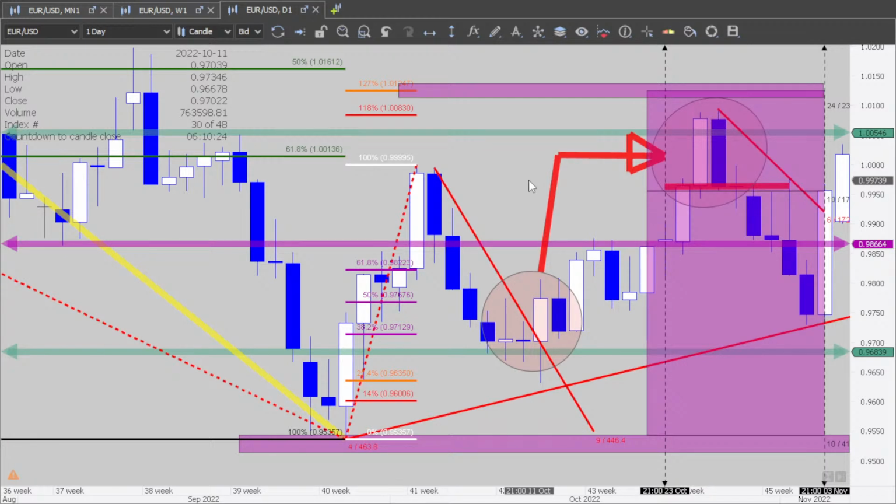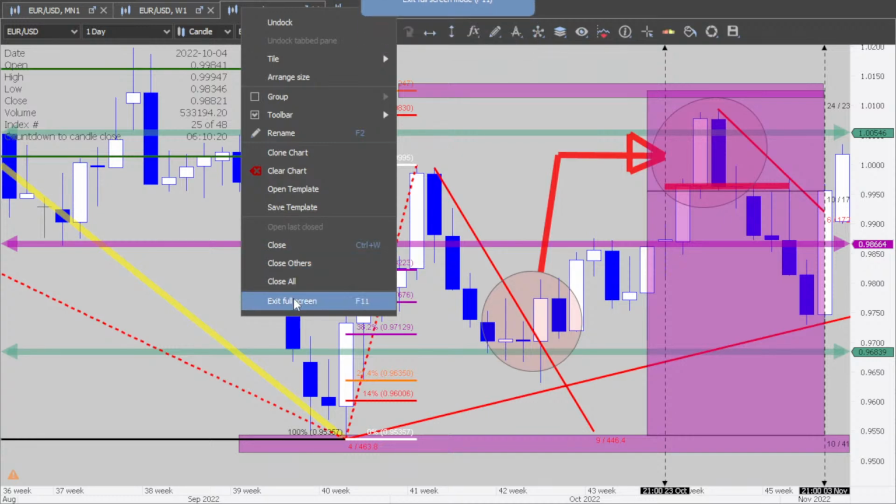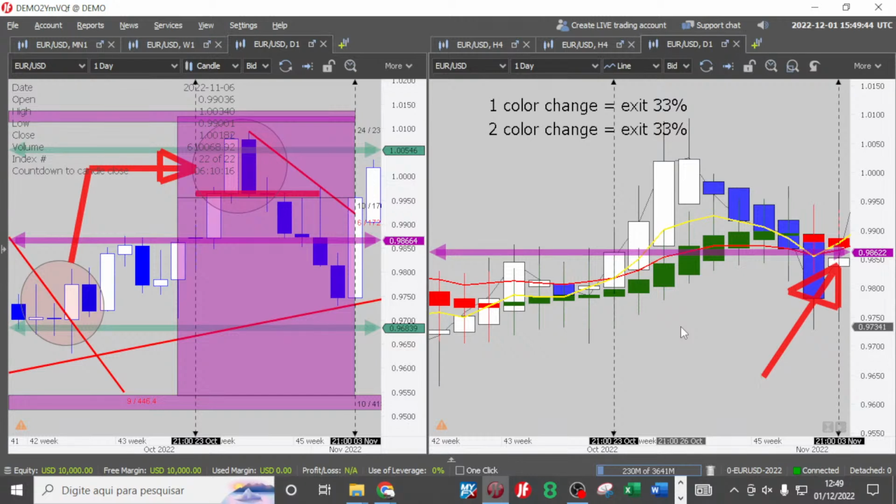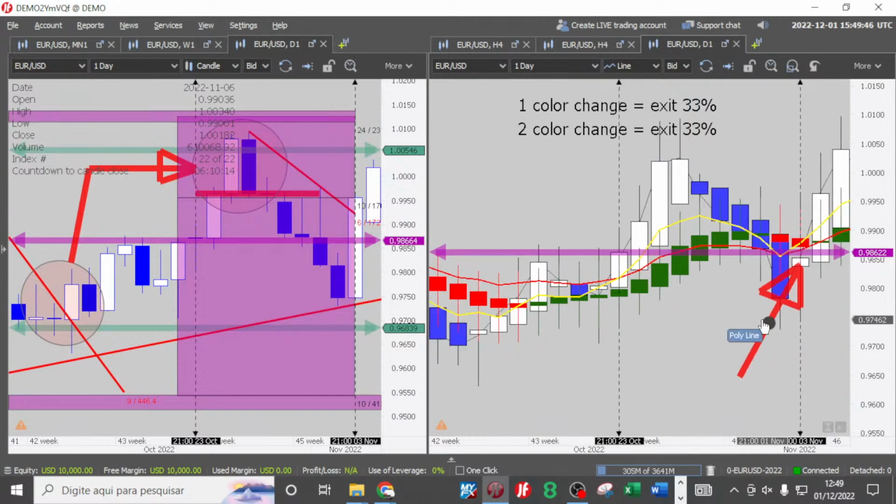Can he re-enter? No, he cannot. Make sense? He can't. He closed the trade 100%. If you are trading the system, remember you didn't close the trade fully. You are still in a trade with 33%. Wow, right?